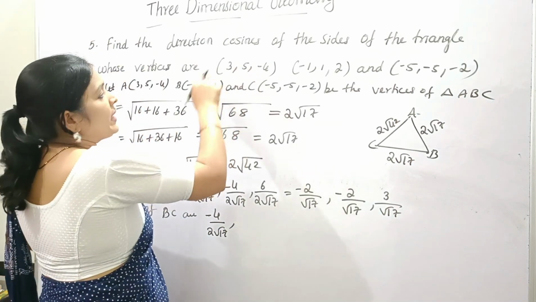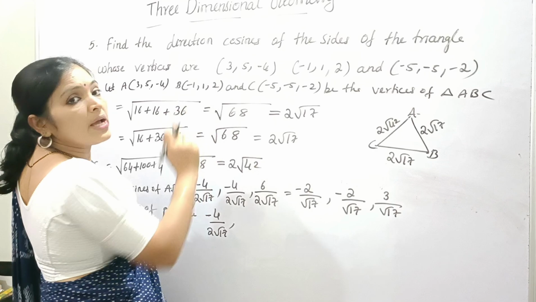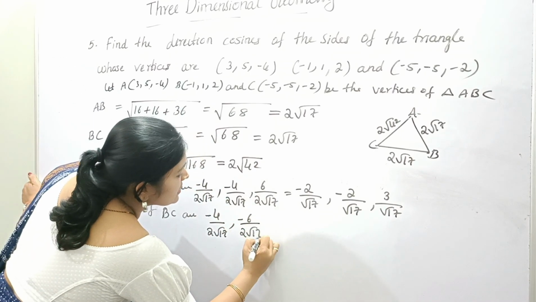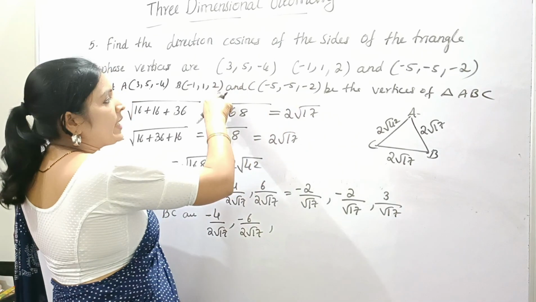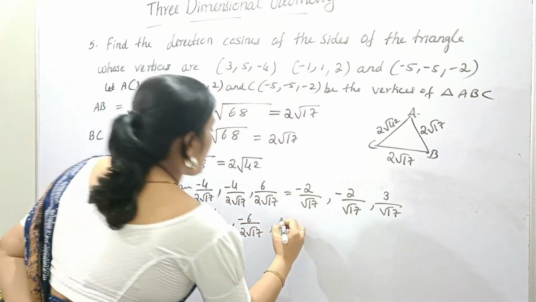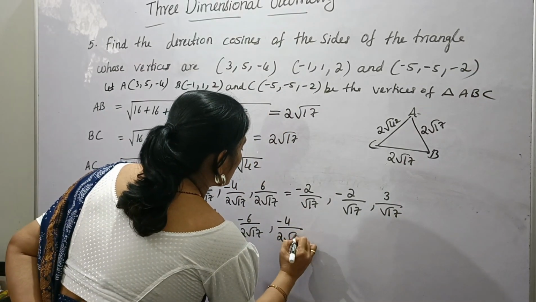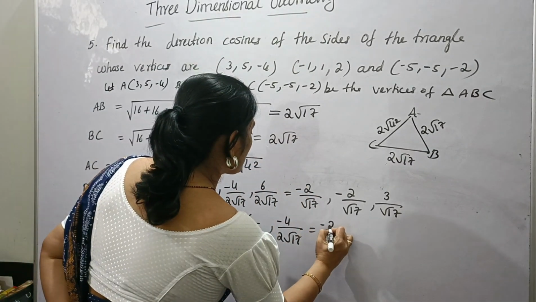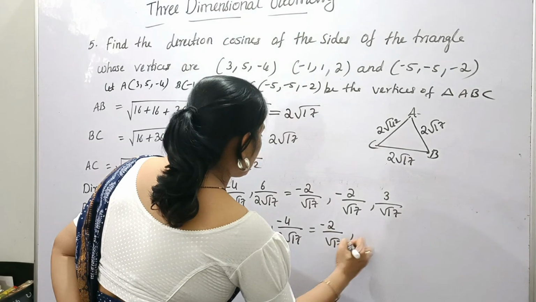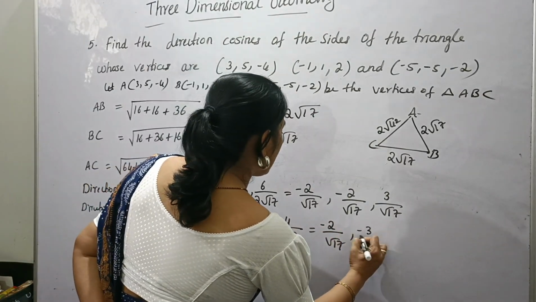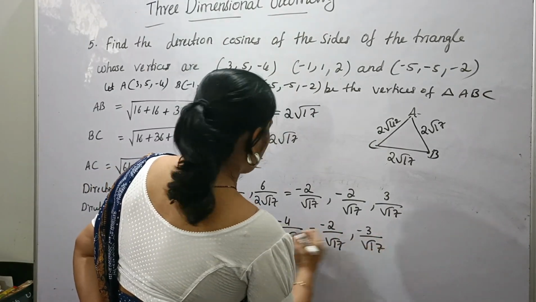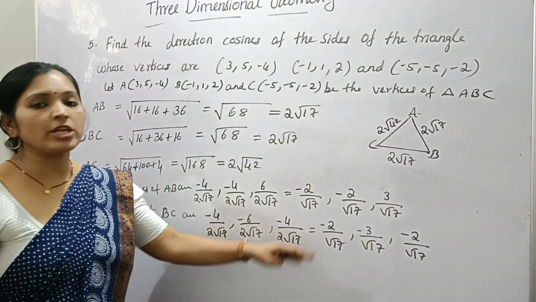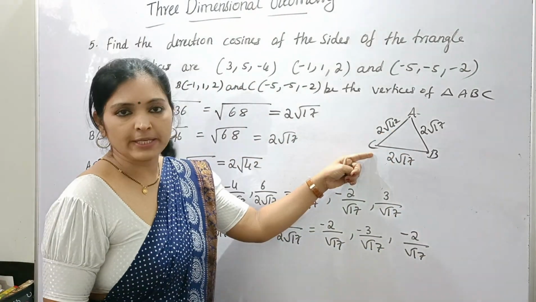Next is y2 minus y1, that is minus 5 minus 1, minus 6, divided by 2 root 17. Next minus 2 minus 4, minus 4, divided by 2 root 17. That is equal to minus 2 by root 17, minus 3 by root 17, minus 2 by root 17. These are the direction cosines of side BC.